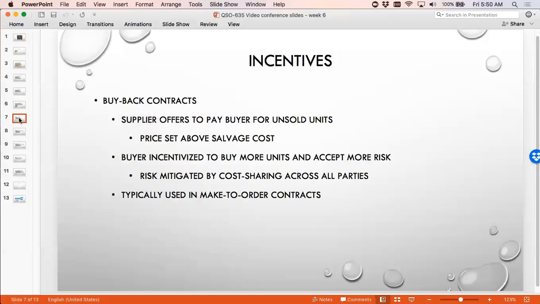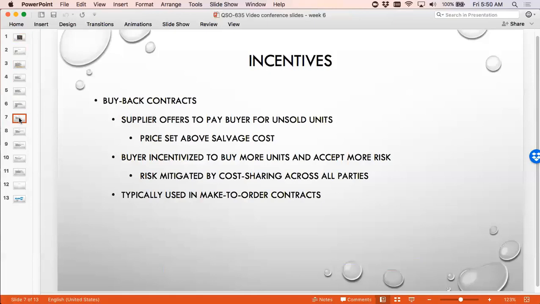Now, obviously, if the buyer is able to sell all 1,000, everyone makes a lot of money. But what you do is just say, hey, look, if you're not able to sell everything that you buy from us, we will shift some of our profit to you to offset some of your risk.